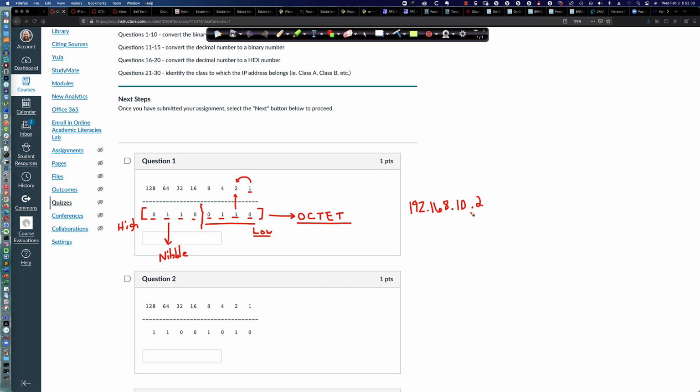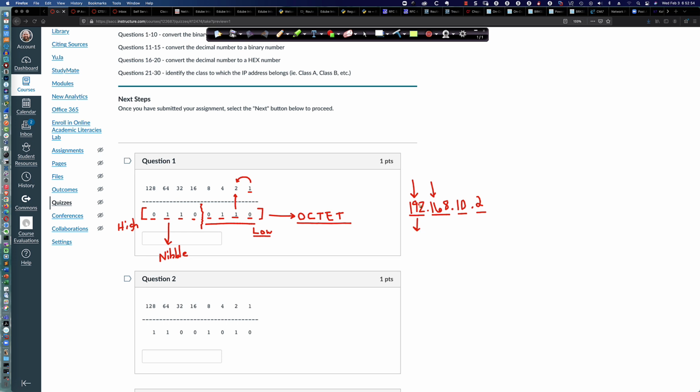This dotted decimal notation, again, dotted decimal, meaning we're using decimal values, has a corresponding binary value. And each of these decimal values that we see separated by the dots make up an octet.